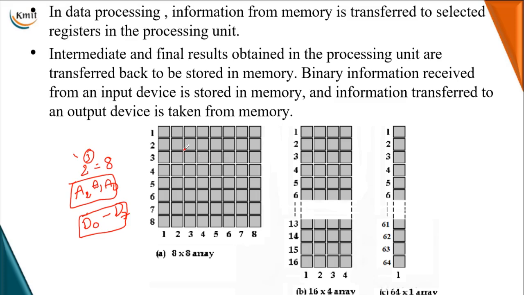In the second example I have given 16 by 4, where this memory has 16 locations. To select one of the memory locations, we require 4 address bits, as 16 is written as 2 power 4. So 4 address bits are required, which are denoted as A3, A2, A1, A0.